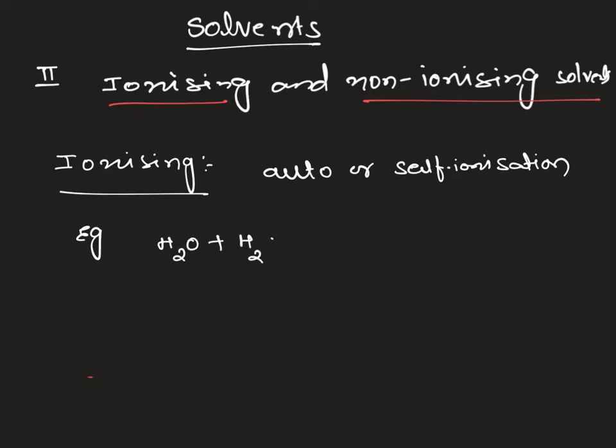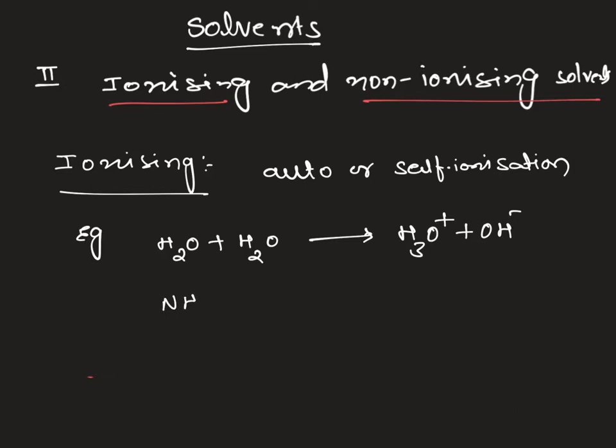If you take two moles of water, one water molecule gives H plus to the other, which is converted into H3O plus and OH minus. This is called auto-ionization or self-ionization.